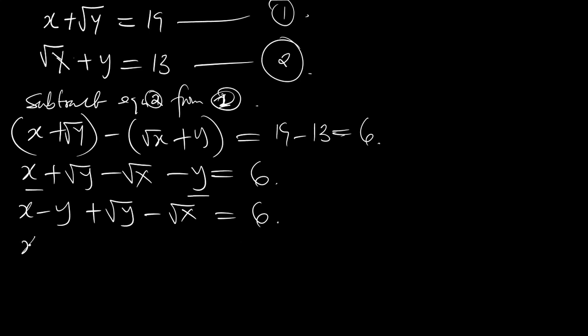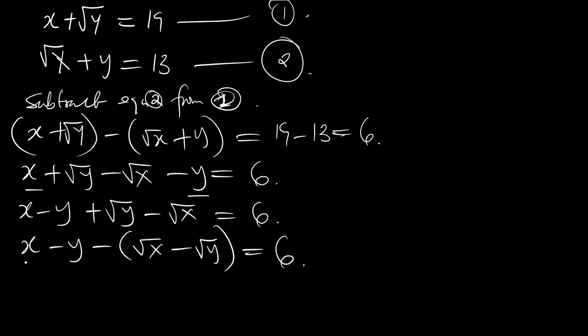This is simply saying x minus y minus the square root of x minus the square root of y equals 6. Because this minus times the square root of x gives minus the square root of x, and this minus times minus the square root of y gives plus the square root of y. That is why it's like that.